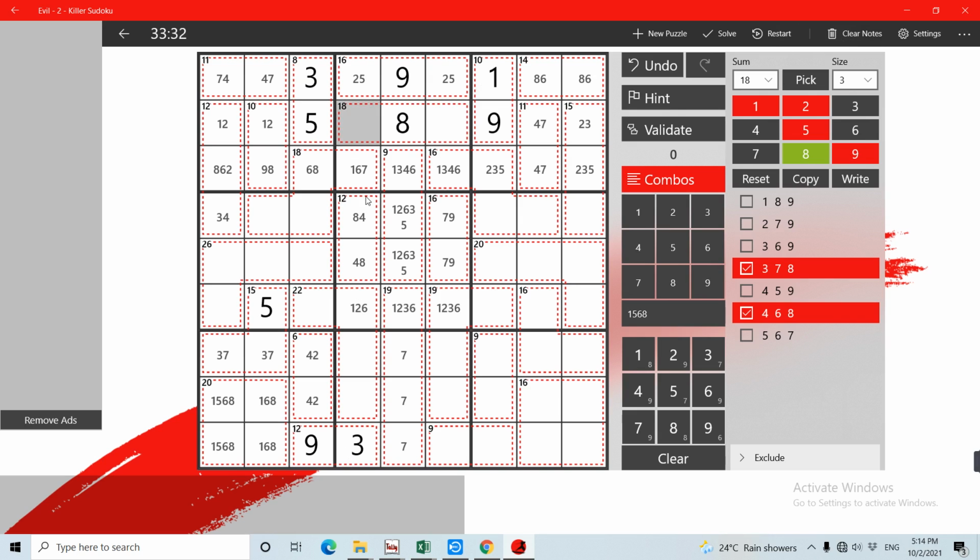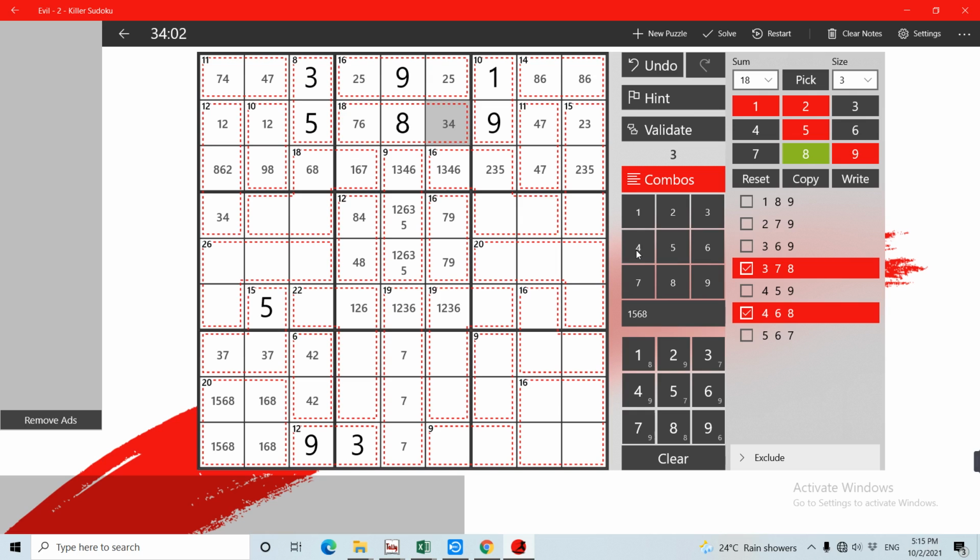I cannot enter a 3 here, so I can enter a 7, and I can enter a 3, 4, 6, 8. I cannot enter a 4, which means I can enter a 6, and I can enter a 4.